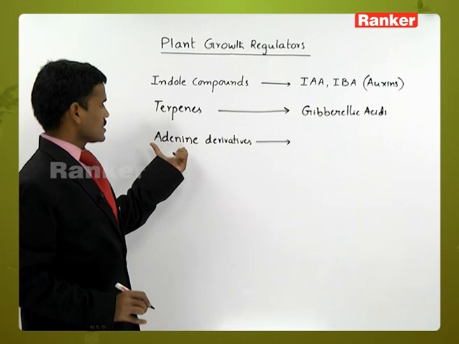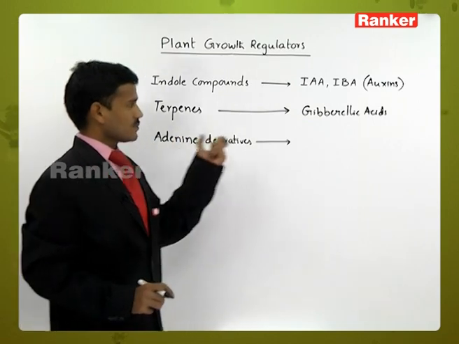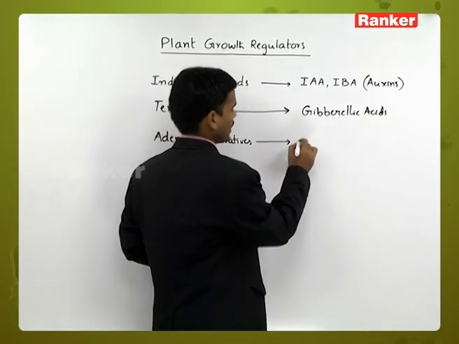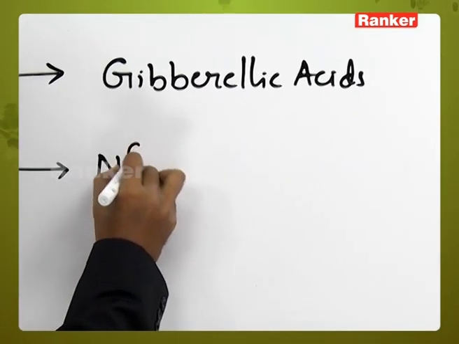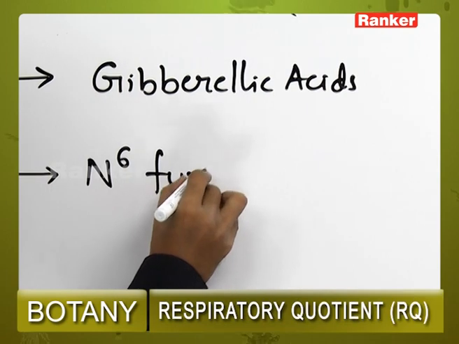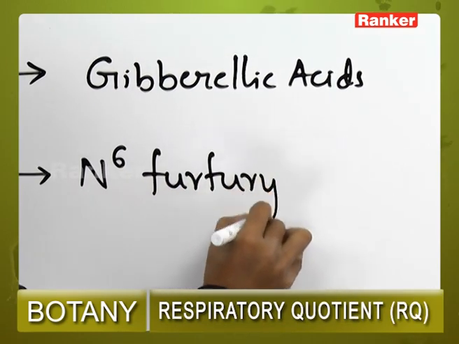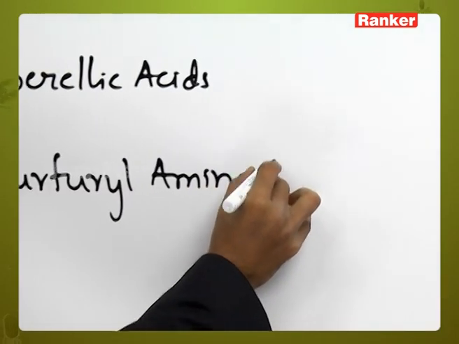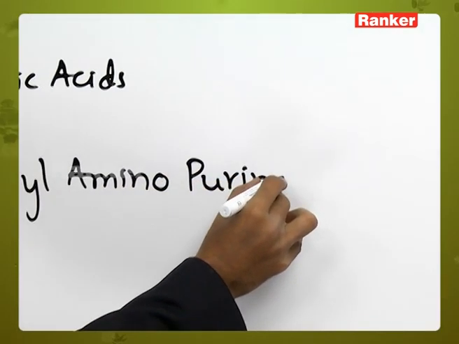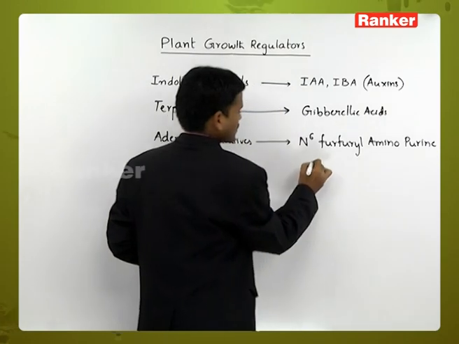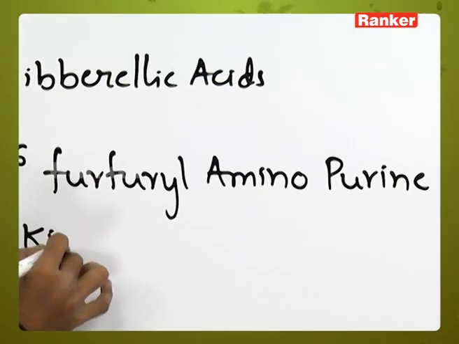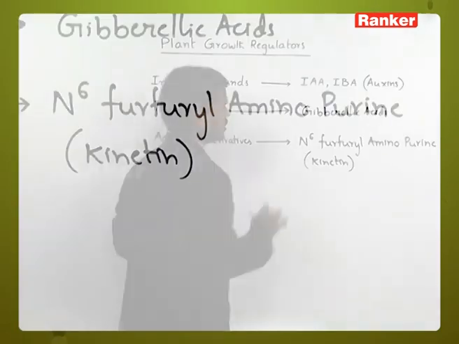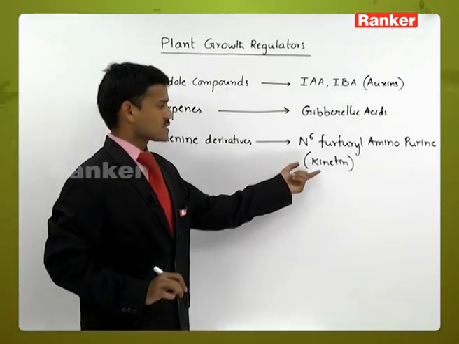From this nitrogen base, or purine, some plant growth regulators are synthesized, like N6 furfuryl aminopurine. It is also called kinetin, involved in cell division, cytokinesis.